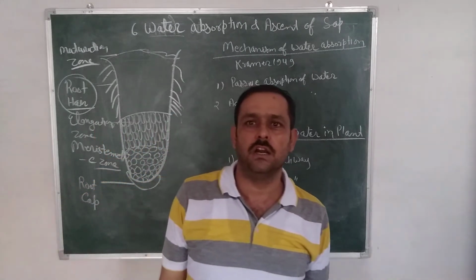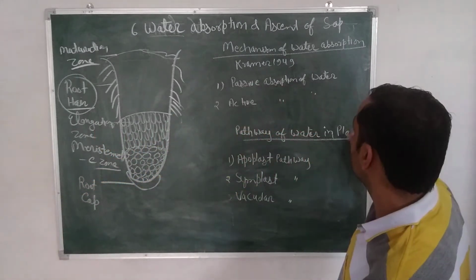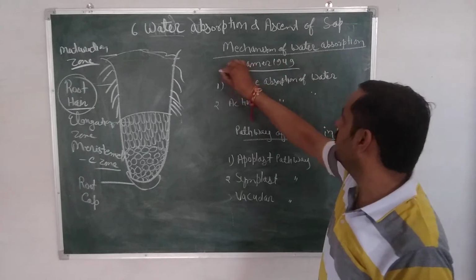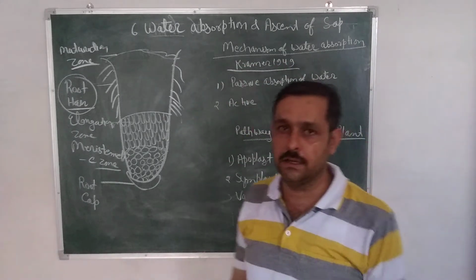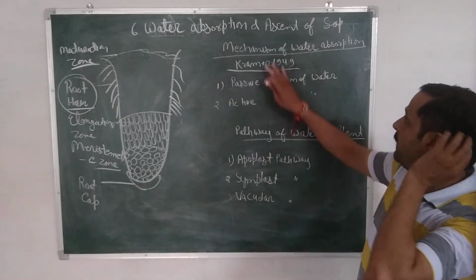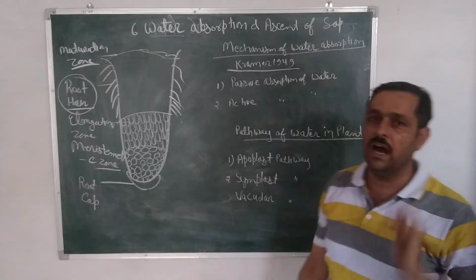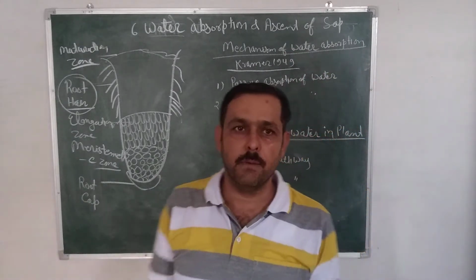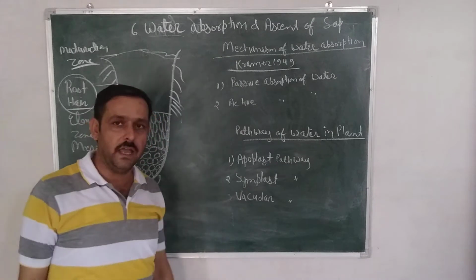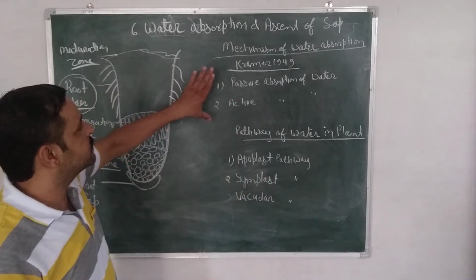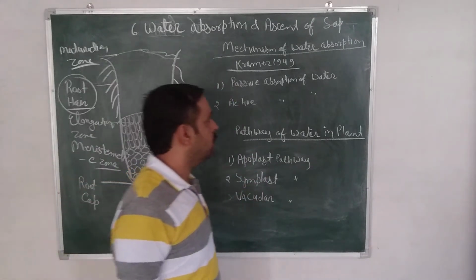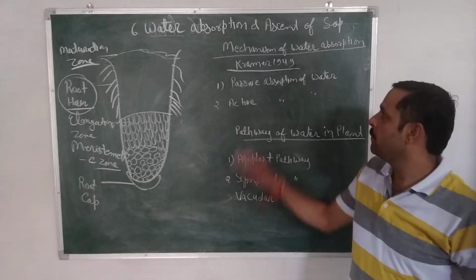The mechanism of water absorption was discovered by Kramer in 1949. There are two types of water absorbing mechanism. First, passive.